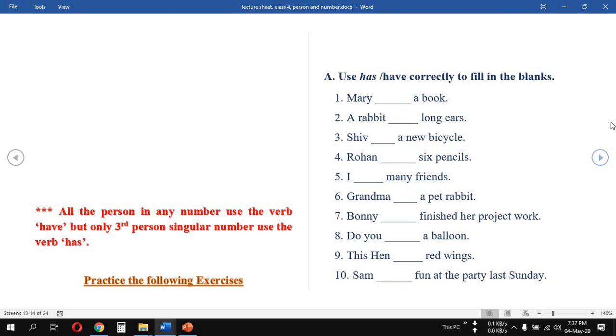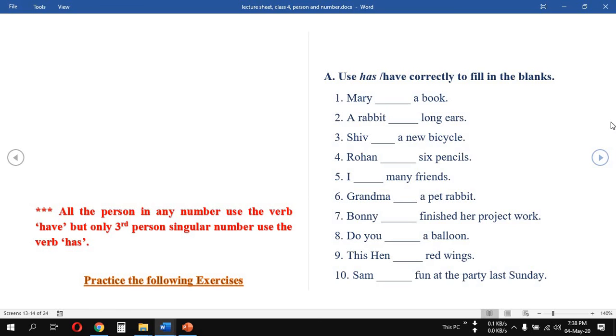And a rabbit, as it is an animal, so it is what? It, right? We can use the pronoun it for rabbit. And we also know that it is the third person singular number, right? So we can use a rabbit has long ears.